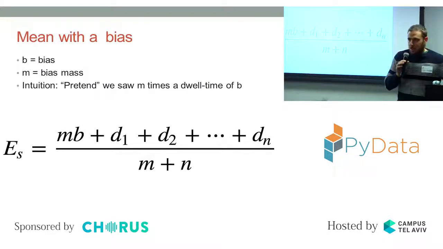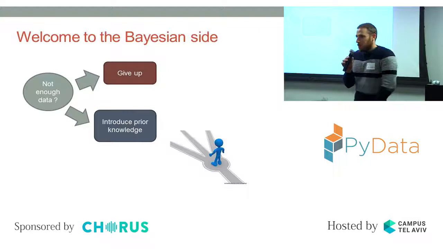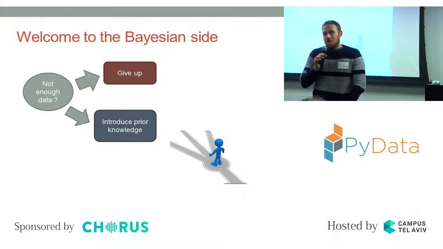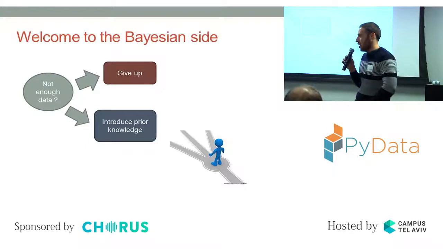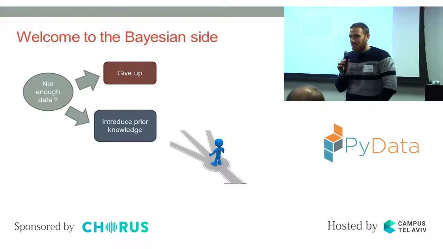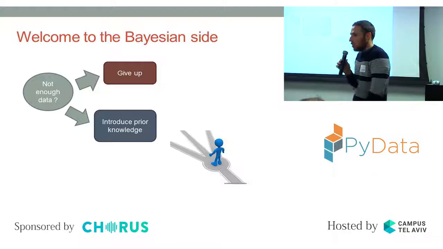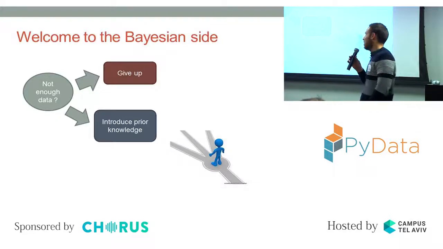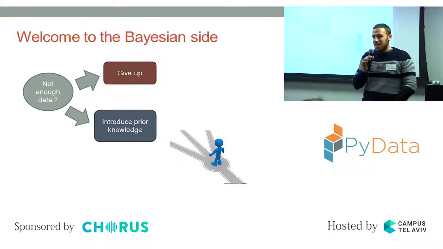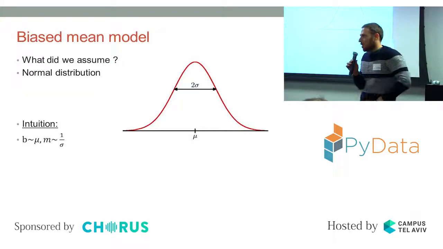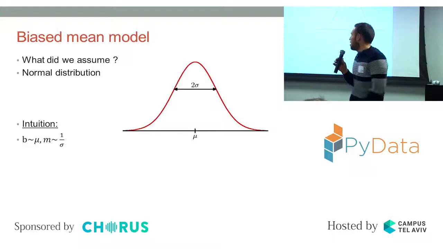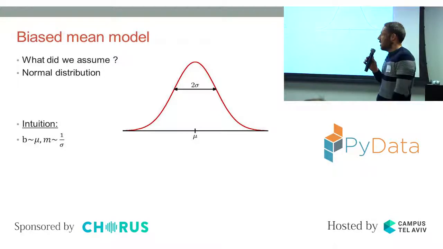You might not have noticed, but this is a Bayesian model. We actually introduced assumptions. We introduced prior knowledge. And with this, we went to the Bayesian side. What are the assumptions that we made? I'm not going to prove it formally because we have only 10 minutes, and I also don't think it's important.